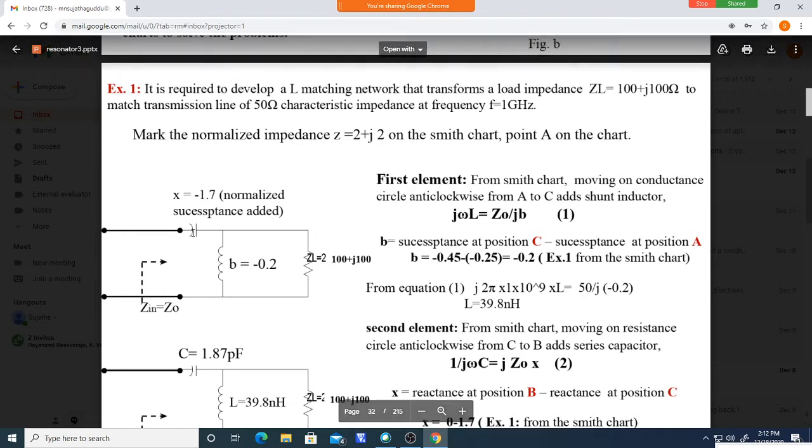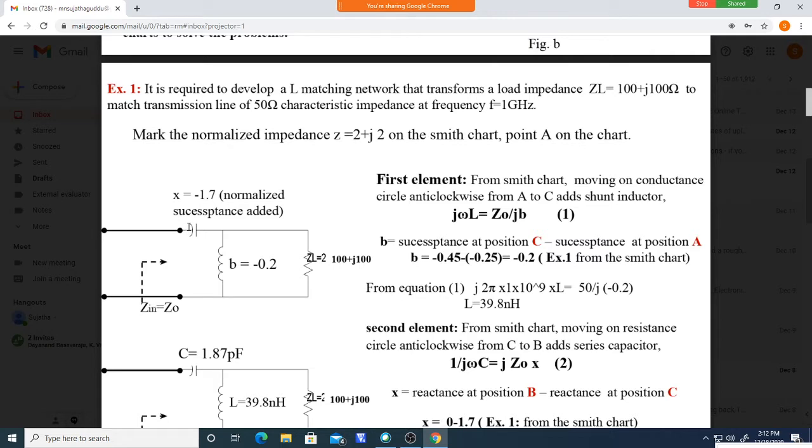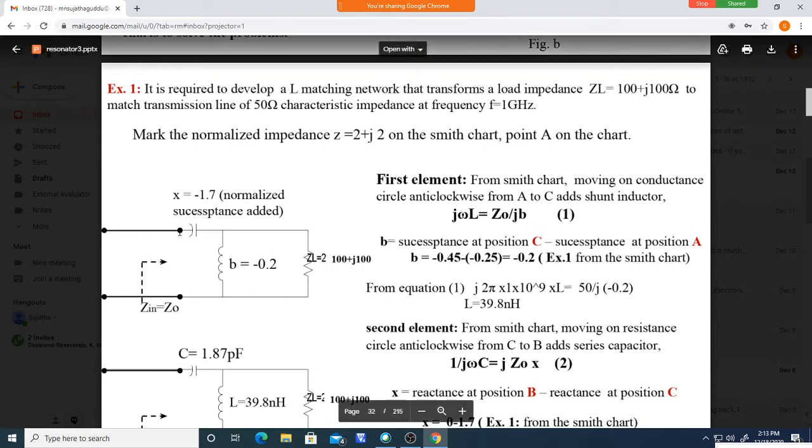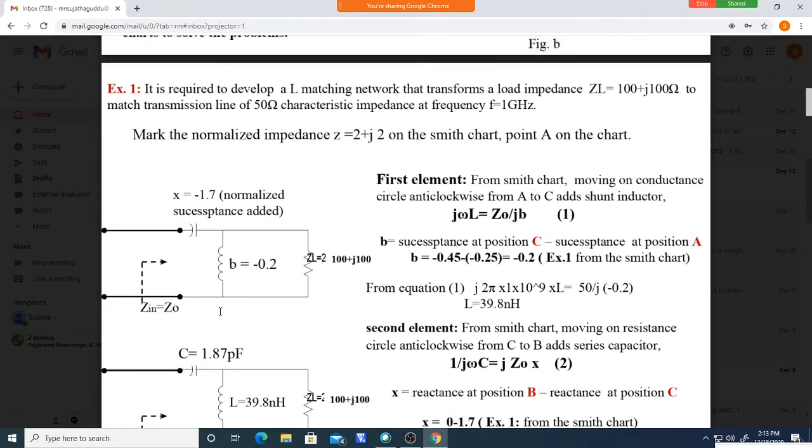Now, assuming this capacitor and inductor do not dissipate any power, assuming they are ideal and the loss is very low, then maximum power will be delivered to this load. That is the idea behind this. Maximum power is delivered between these two terminals, that is, to this network. You may think power is dissipated here and there, but assuming these are ideal, with no dissipation of power, maximum power will be delivered to this one.